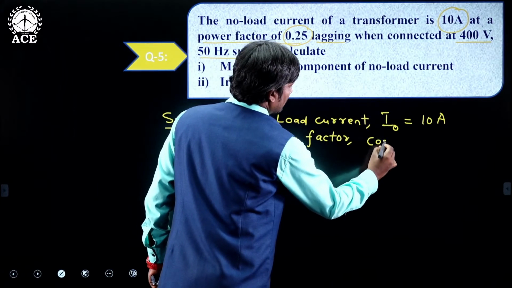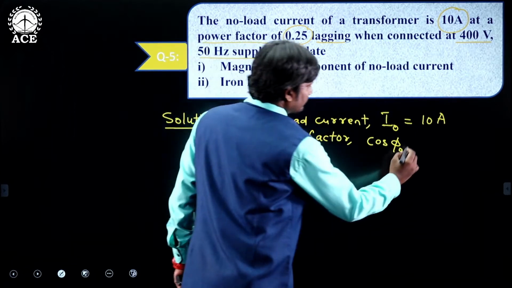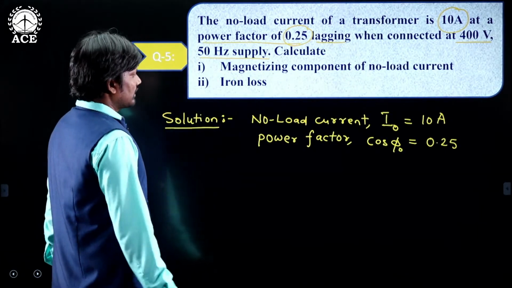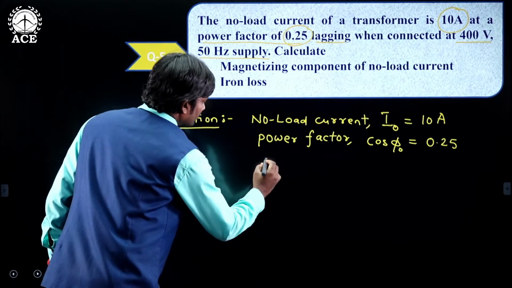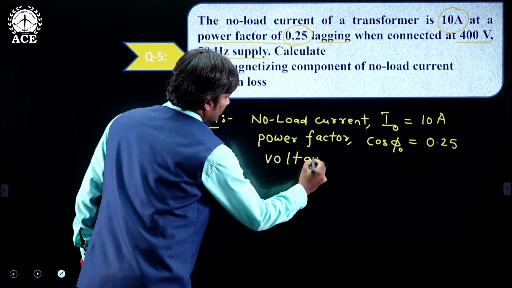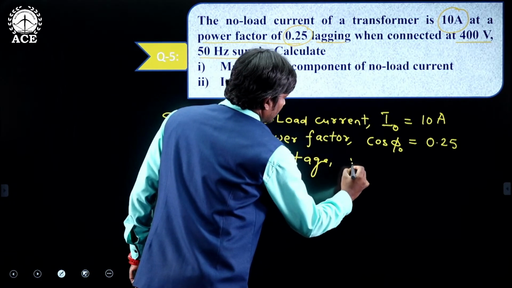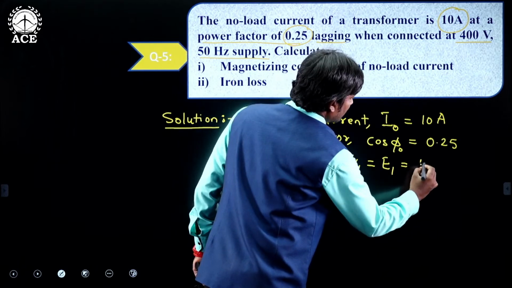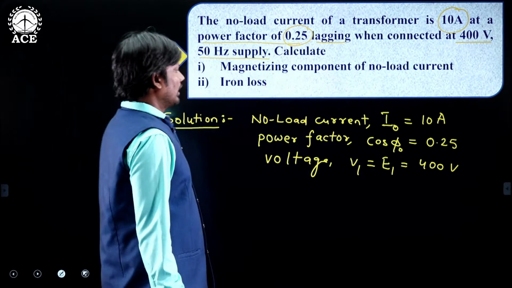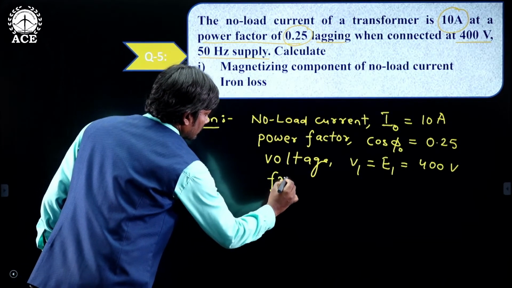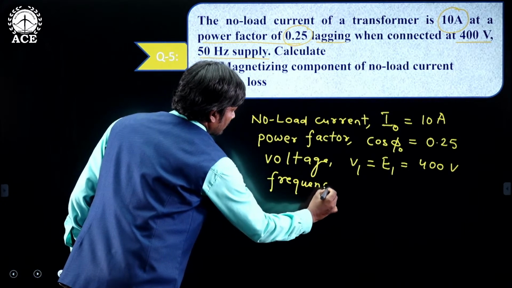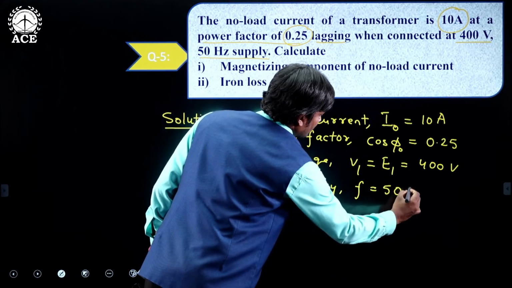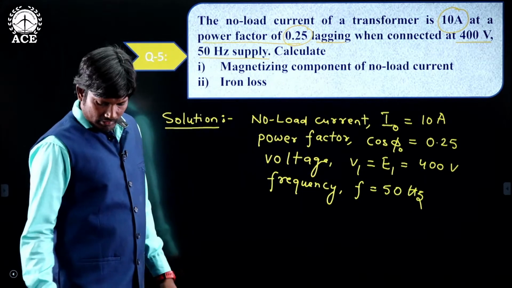This is cos phi naught, 0.25. Now the supplied voltage, V1, is equal to 400 volts at a frequency of 50 hertz. This is the given data.